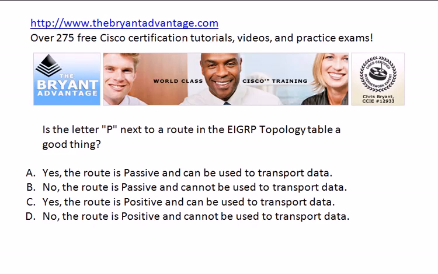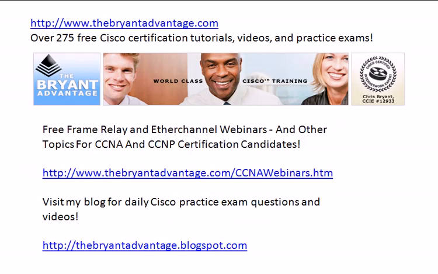If you happen to see an A next to it, it stands for active. That means the path is currently being calculated and it can't be used to transport data. Of course, if it stays active, we call it SIA, stuck in active, and that's definitely bad, but that's a video for another time. So that's our EIGRP practice exam for today.